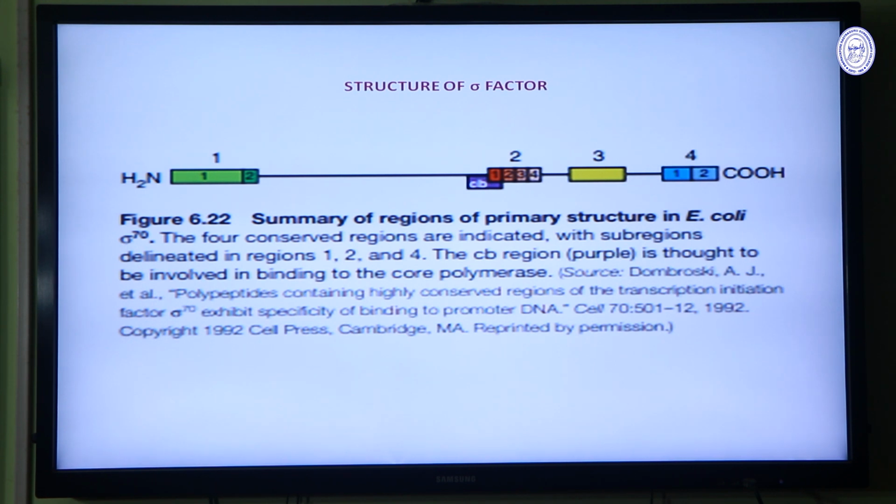Now, we can divide segment 1 into 2 parts, 1.1 and 1.2. Segment 2 is divided into 2.1, 2.2, 2.3 and 2.4. Segment 3 is one segment, and segment 4 has 4.1 and 4.2.